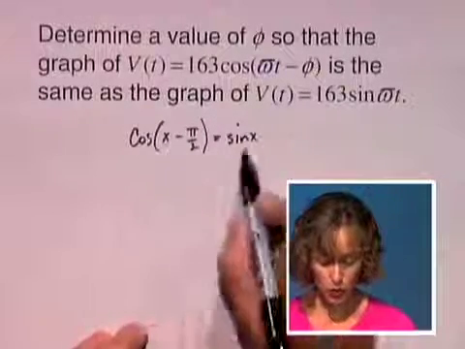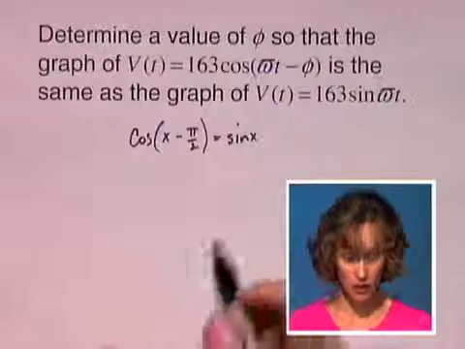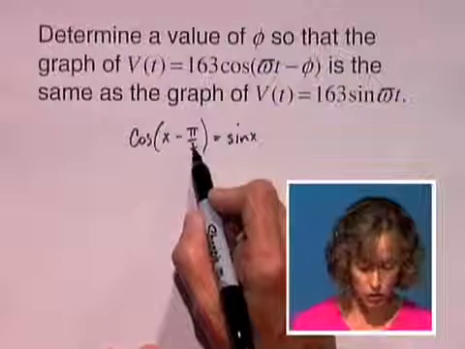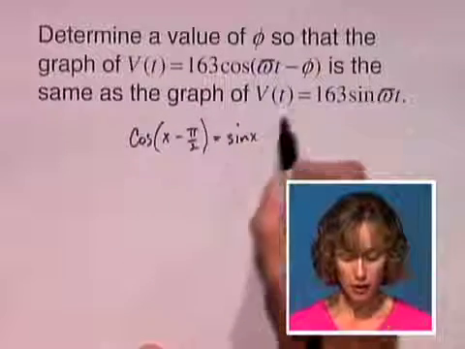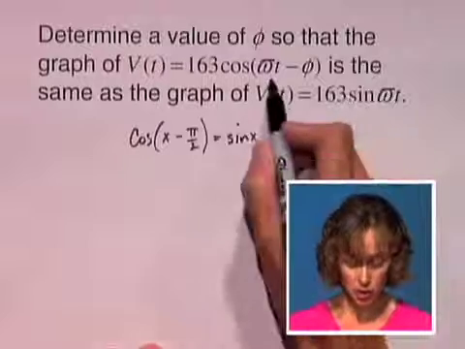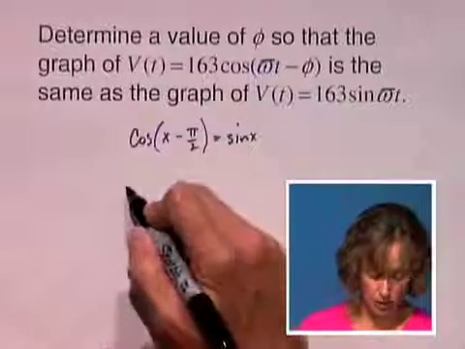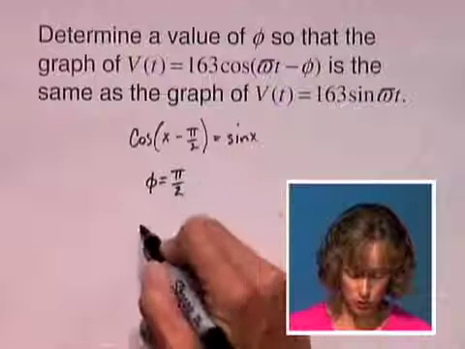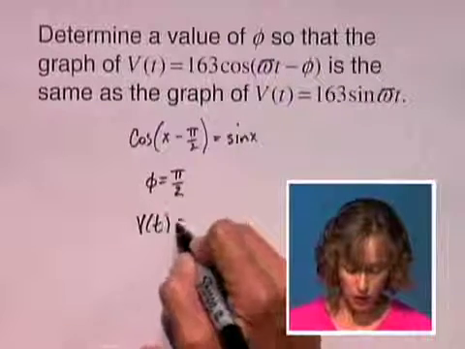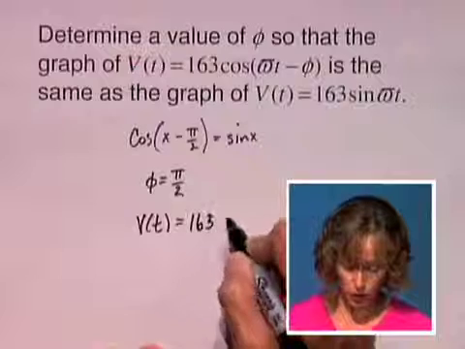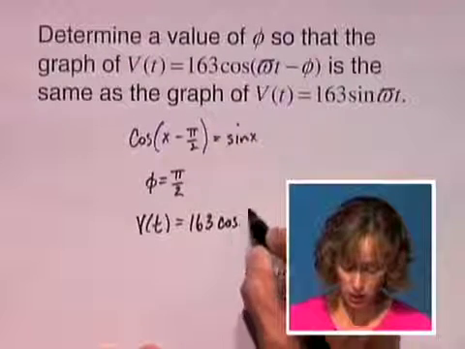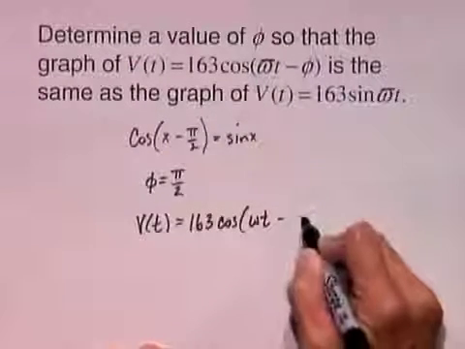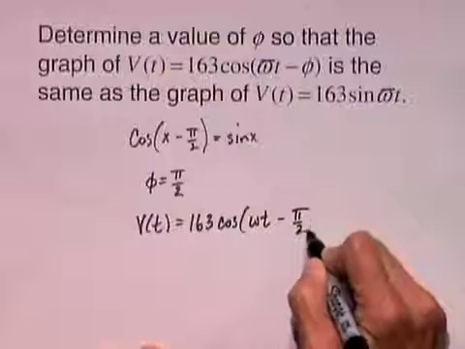Now, both of these functions have period 2 pi, but pi over 2 is the value of phi that will allow us to match our sine and cosine as they are. So for phi, we're going to use pi over 2, and the voltage function we're looking for is 163 cosine omega t minus pi over 2.